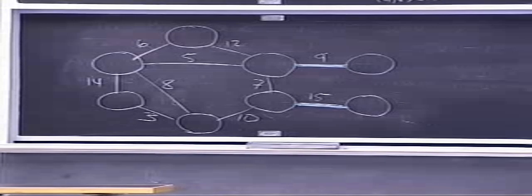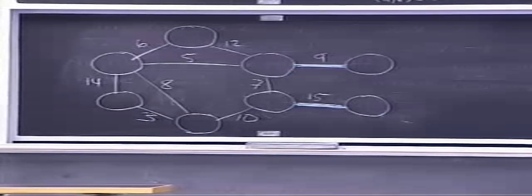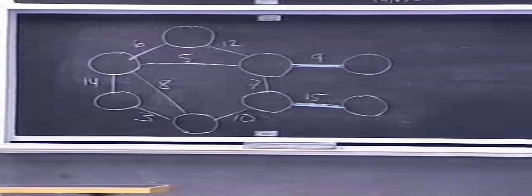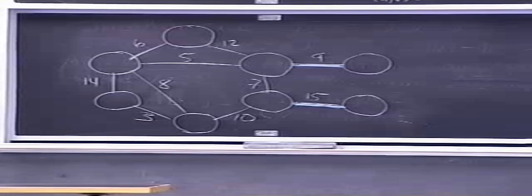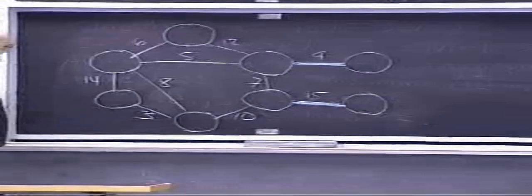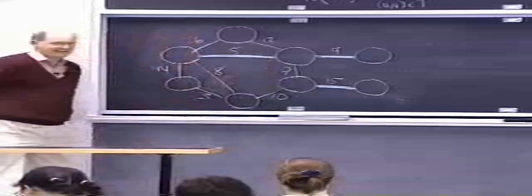Whoa, that's really fast. Okay, just one. Which one of those do you want to pick and tell me why? 5. Why do you think 5 is in? It's the shortest distance from that vertex.